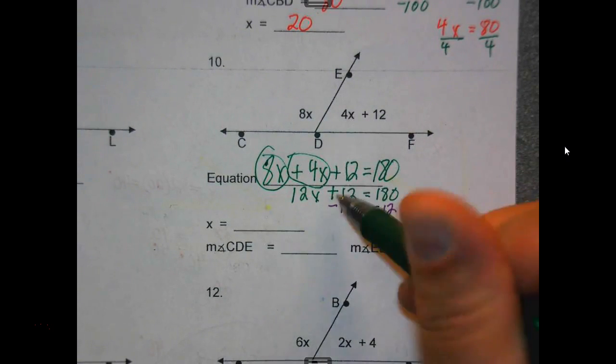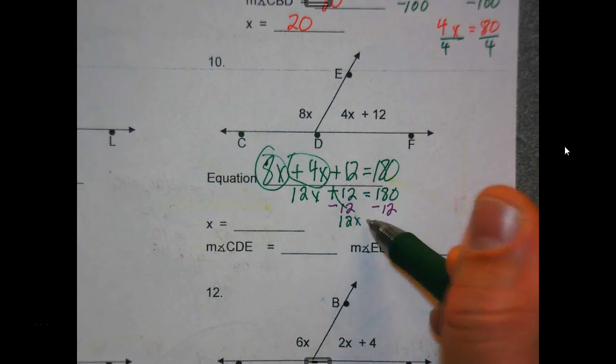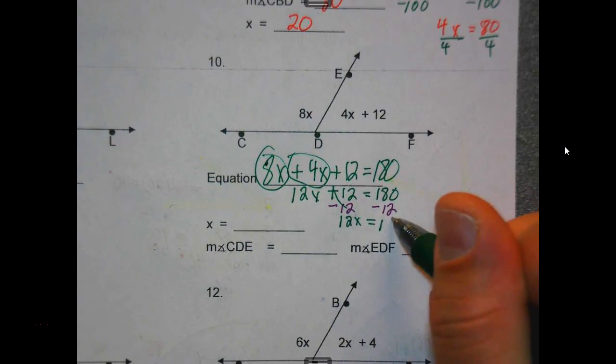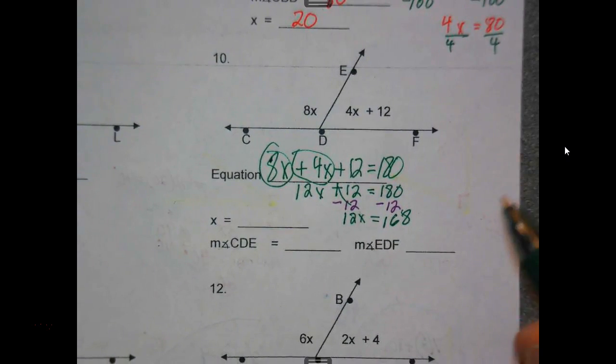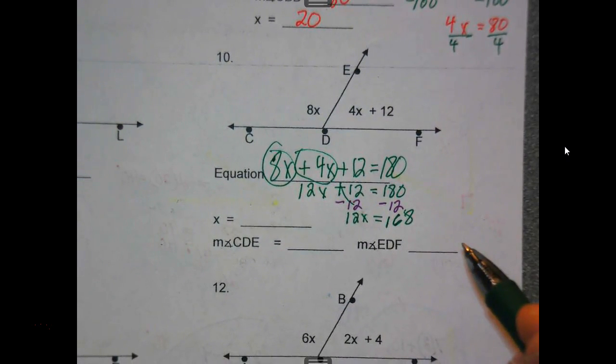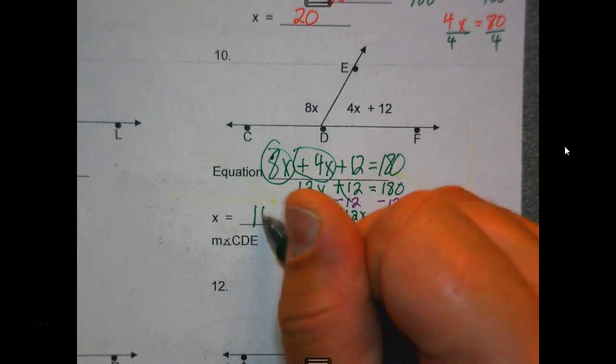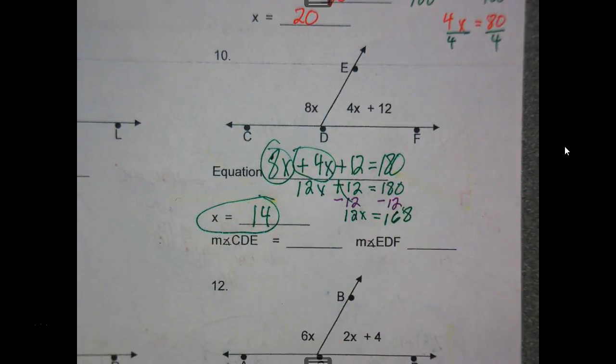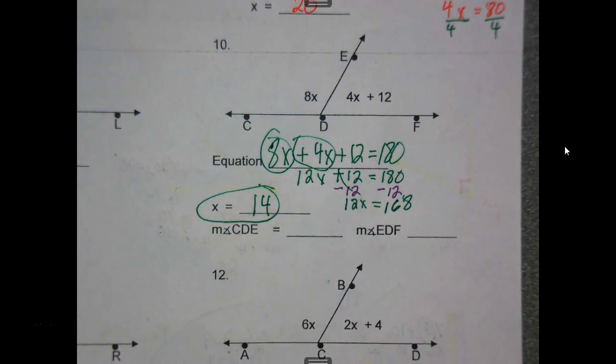You're right, 168 divided by 12 is 14. Divide both sides by 12.